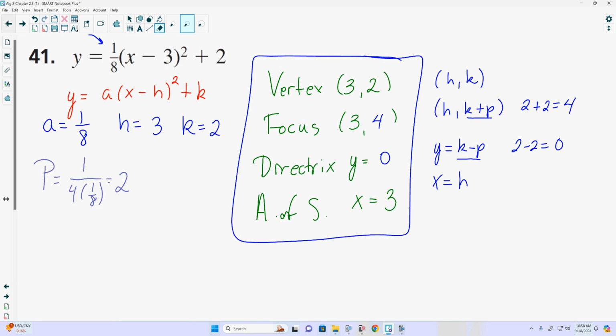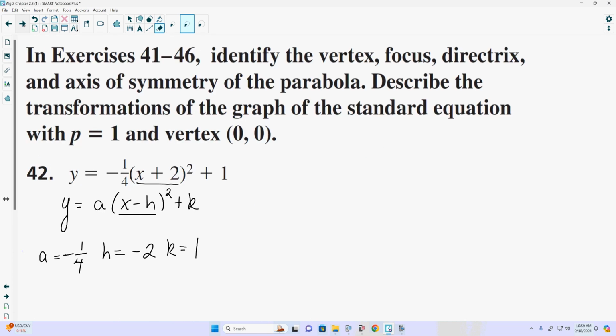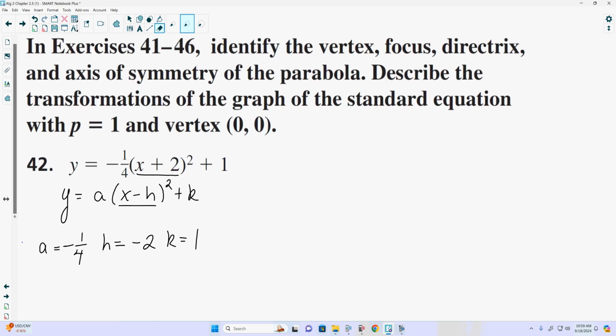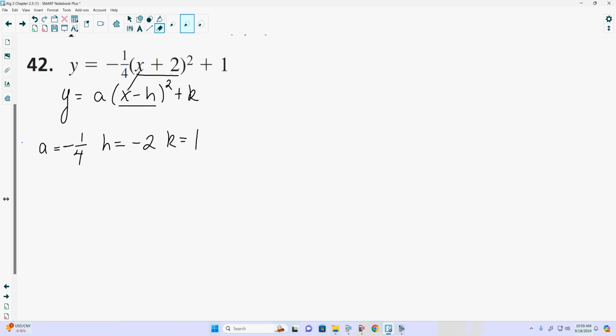Like on the last one, we had x minus 3. The x's line up, the minus lines up, so h has to be 3. Does that make sense? Here, the x's line up, h is 2, but this has switched from negative to positive. The only way that can work is if h is negative. All right.